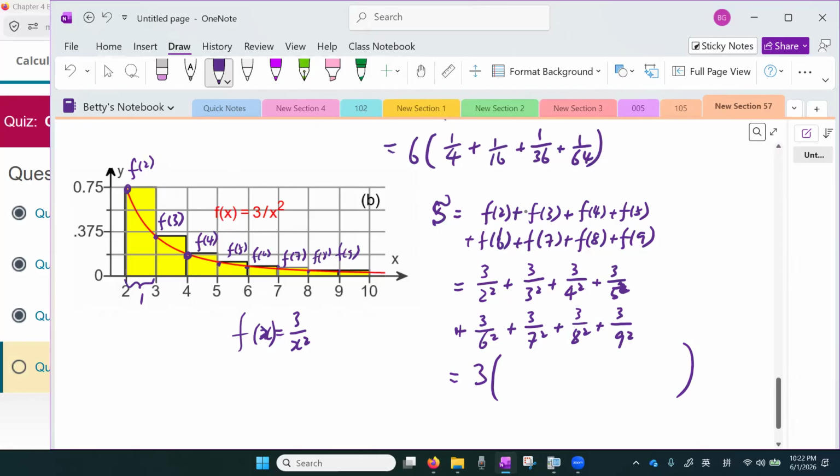Yeah, we're gonna add those 1 over the rest, actually sum of reciprocal of natural numbers squared. This is, just remember, it's from 2 squared to 9 squared, all right? From 2 squared to 9 squared.